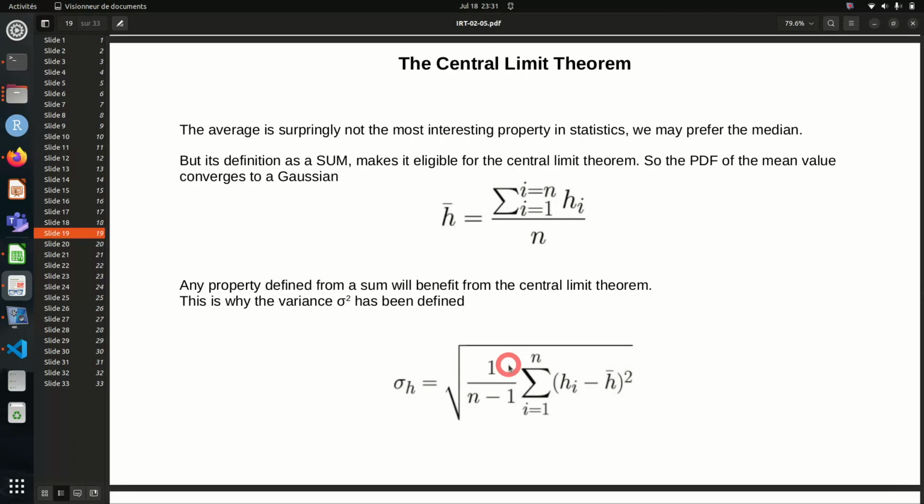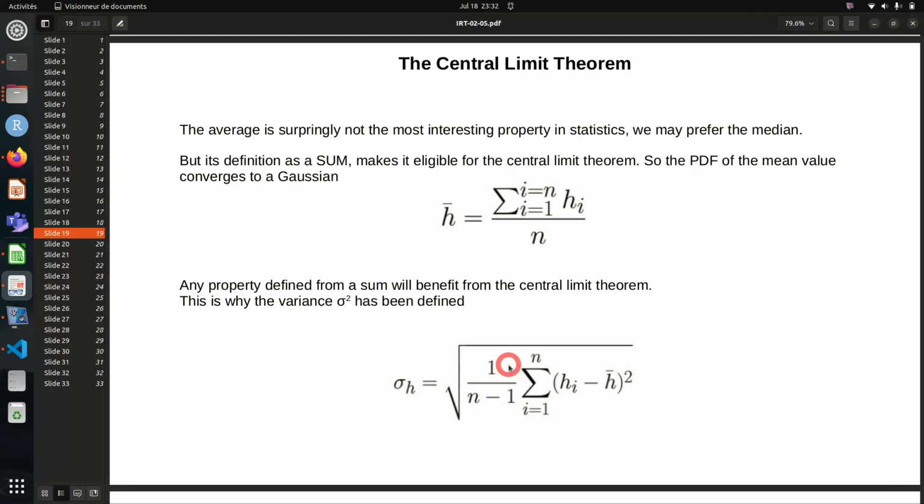And now I want to go back to the first lecture where I told you that when we define the average, in statistics, it's not the most interesting definition. We may be more interested in the median. So why do we still care about an average?